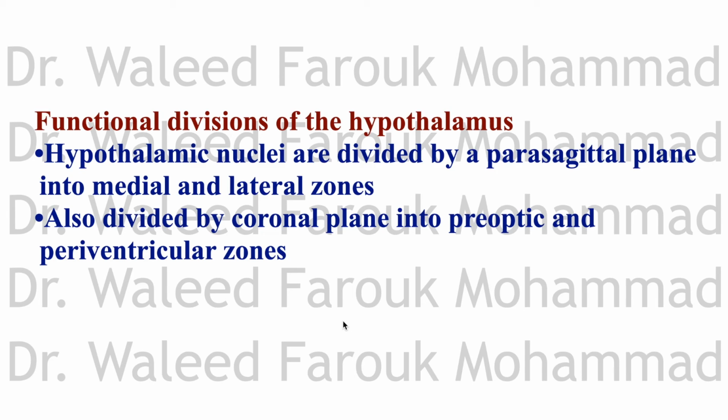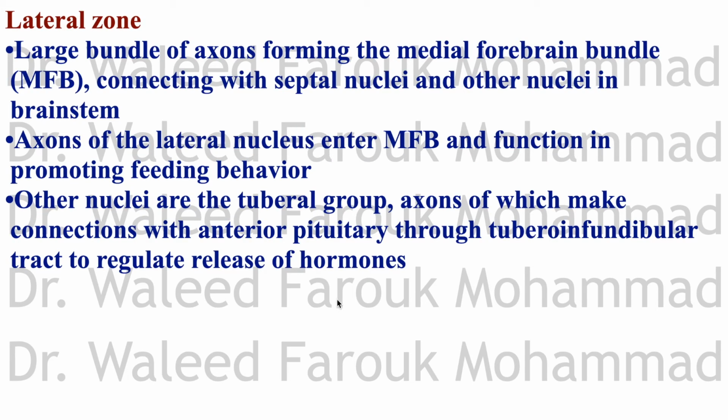In the lateral zone, there is a large bundle of axons that form what's so called the medial forebrain bundle. It connects with the septal nuclei. Septal nuclei is the area of the cortex near the lamina terminalis, and the other nuclei in the brainstem.